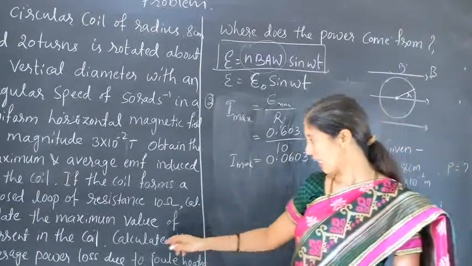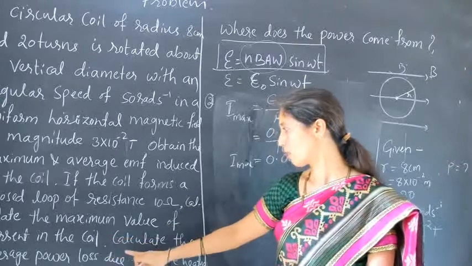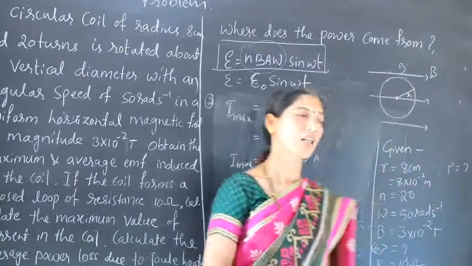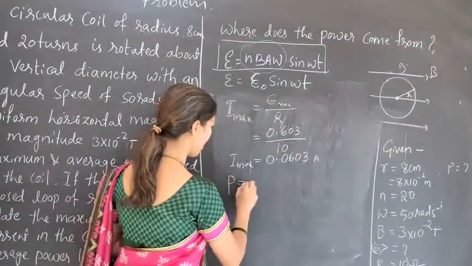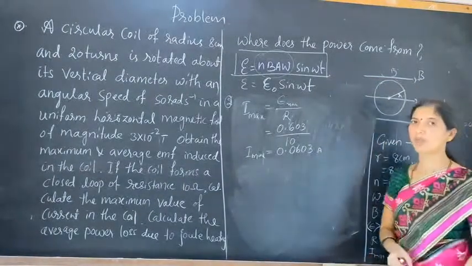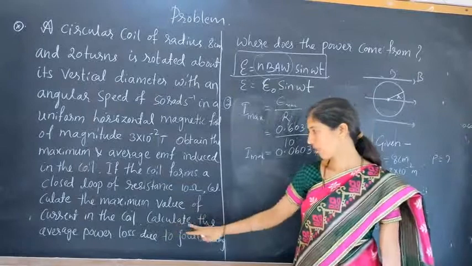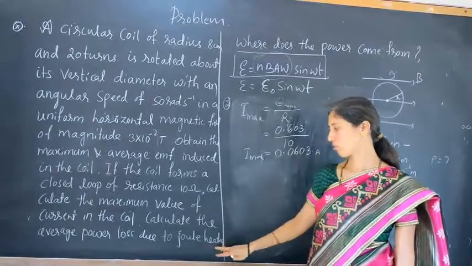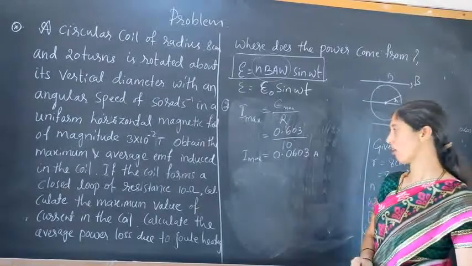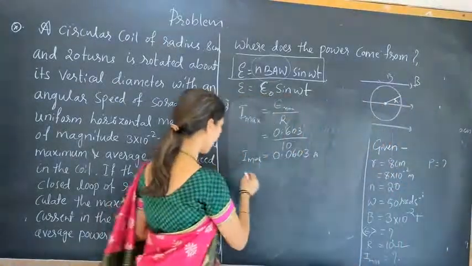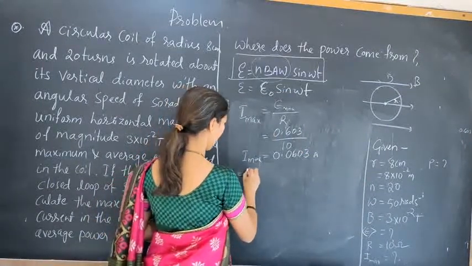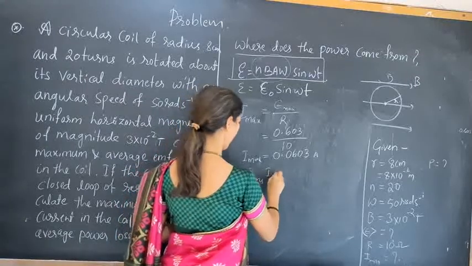Okay, so what is the next part? Calculate the average power loss due to the Joule heating. You know the formula of power loss. The average power loss is equal to E RMS into I RMS.